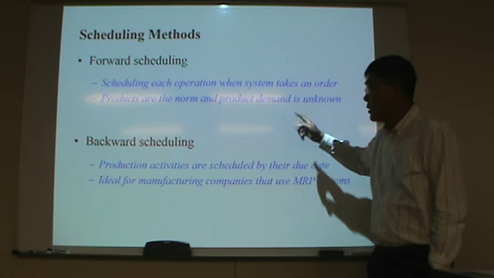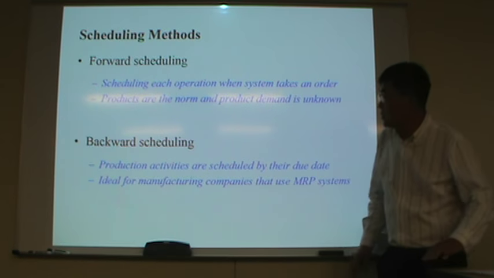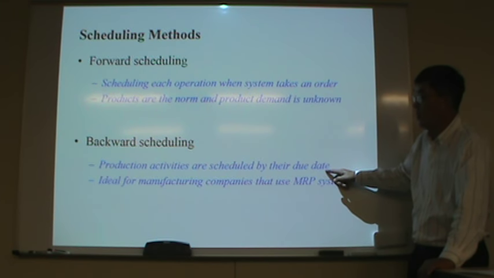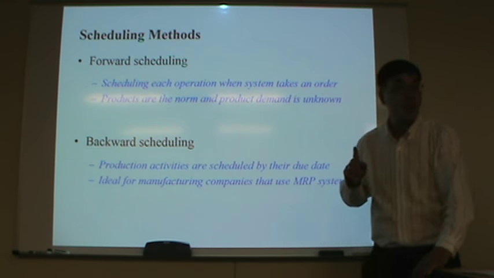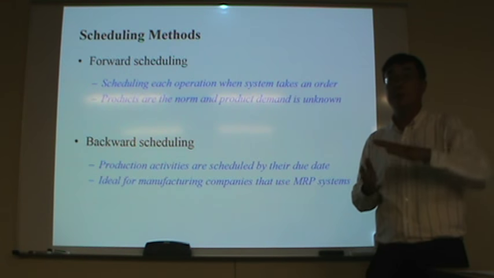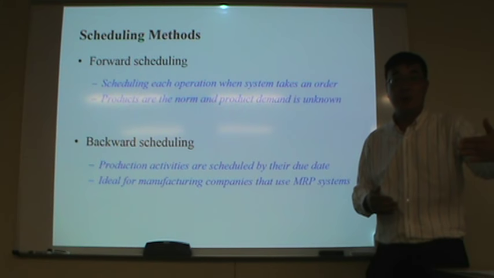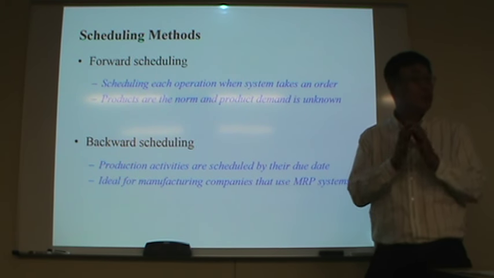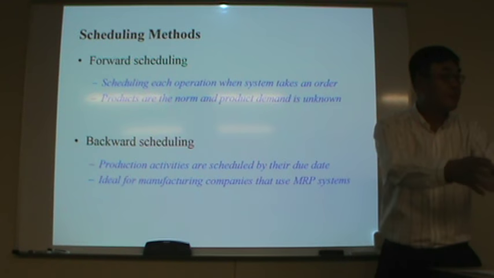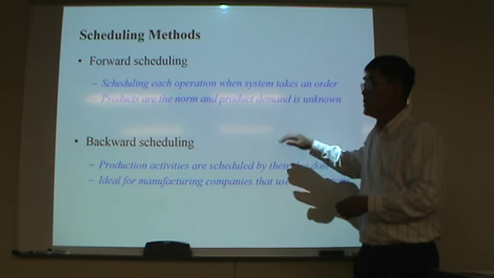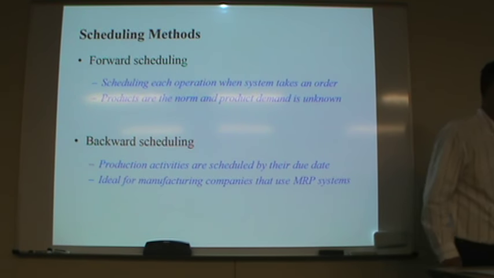Backward scheduling: production activities are scheduled by their due date. That means we know the demand. So this one is just make, right? What is the system? Make to stock system. This one is a make to stock system, and this one is a make to order system.